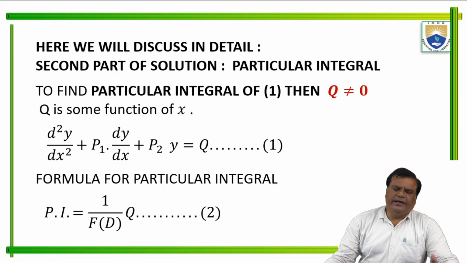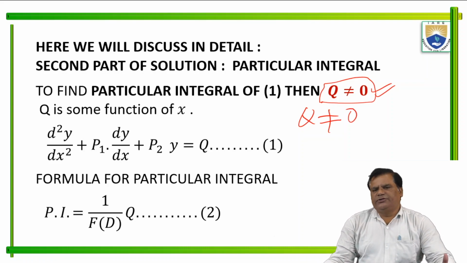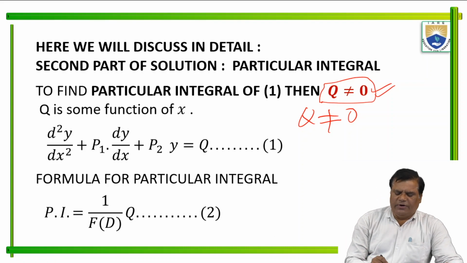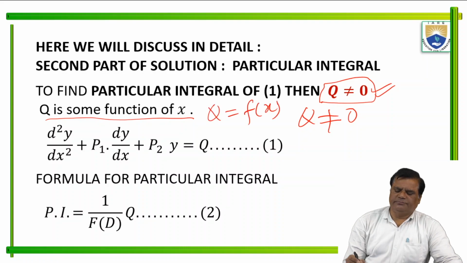So how can we find the particular integral in a differential equation? To find the particular integral of 1, Q is never 0. Q is not equal to 0. Q is some function of x here, say Q equal to f(x).